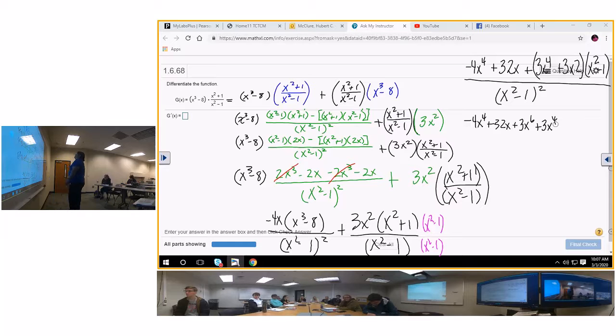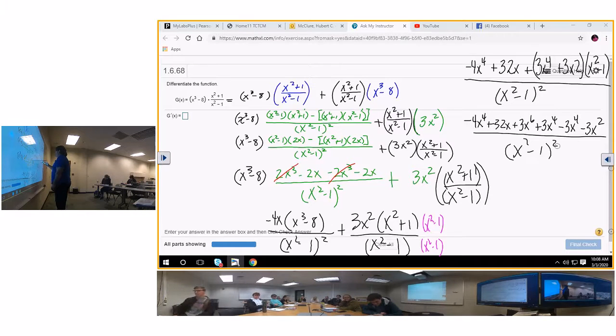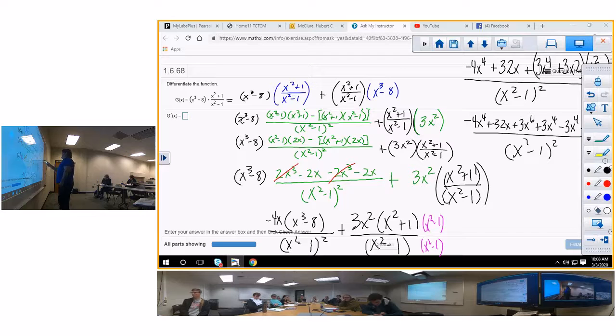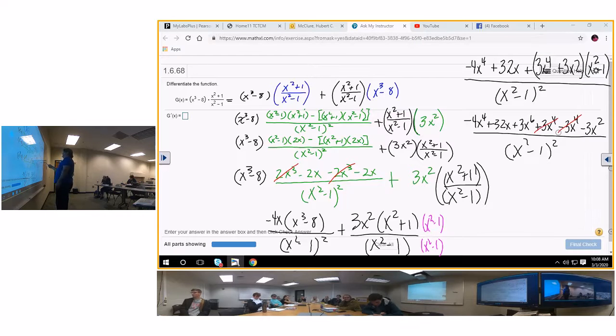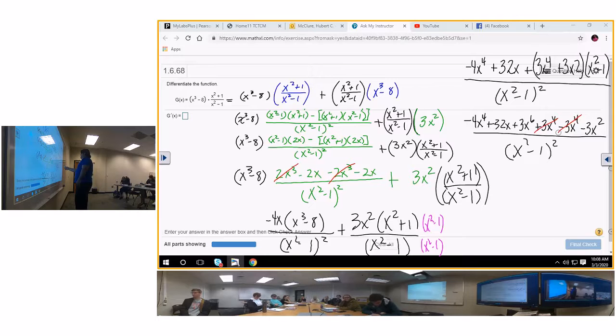Is that a minus? That's a minus, right? Minus 3x to the fourth minus 3x squared. Y'all check me, please. Over x squared minus 1 quantity squared, and 3x to the fourth cancel. Dang it, 3x squared was going to cancel, but I don't think it does.